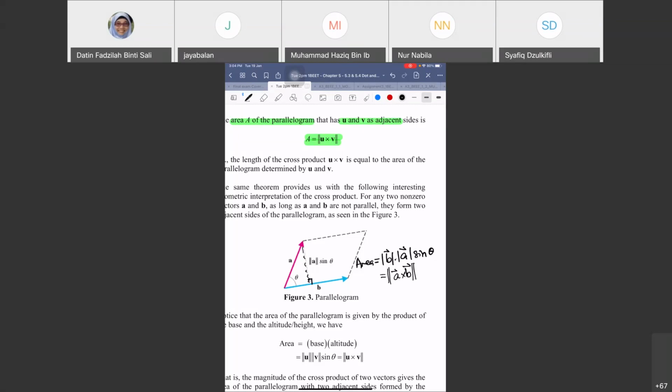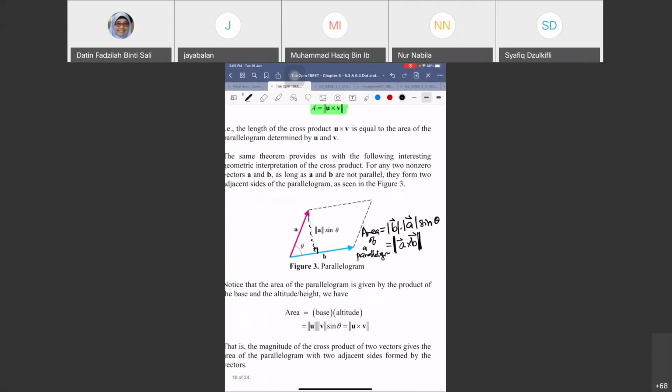When you put your bar here, which is magnitude, it becomes a scalar number, because area is represented by a number. So that's why the area of a parallelogram is the magnitude of the cross product.